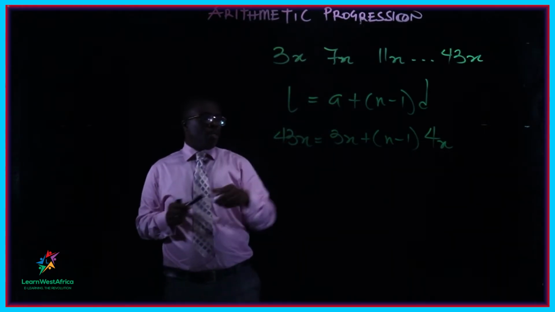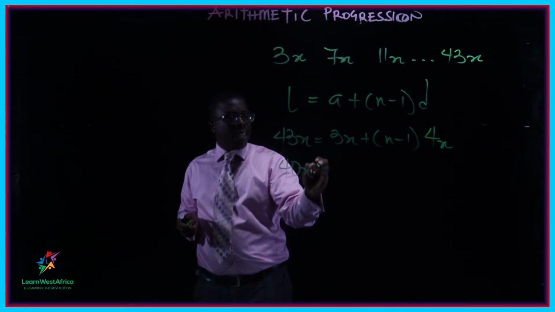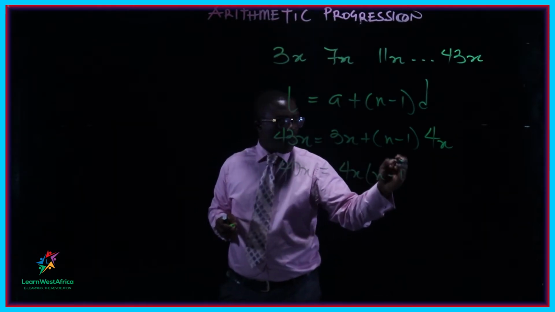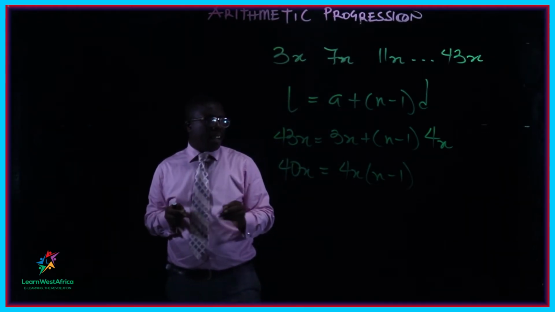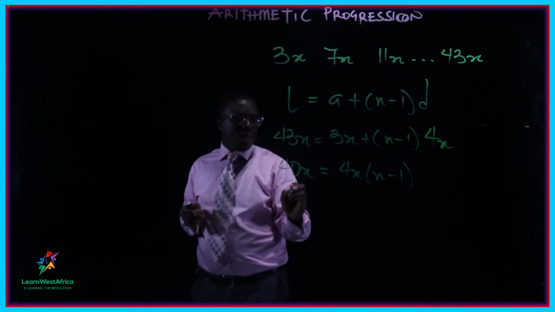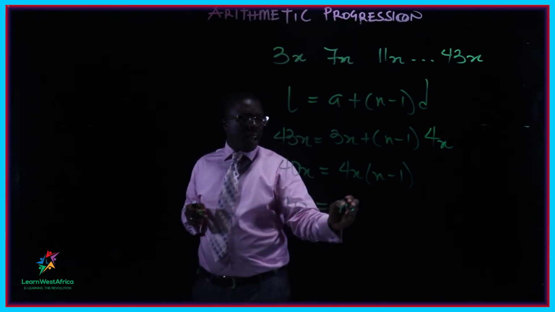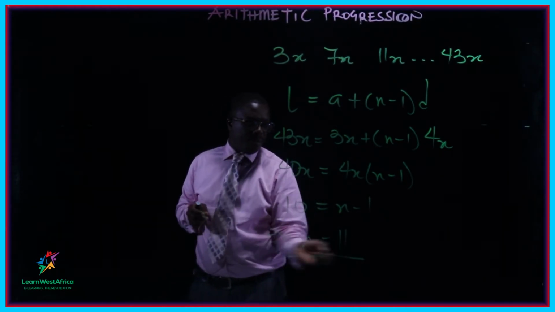So let's simplify that. This will go here, which gives you 40x. Then you have 4x into bracket n minus 1. When you deal with that, we are going to have 10 is equal to n minus 1, and that implies our n is 11.